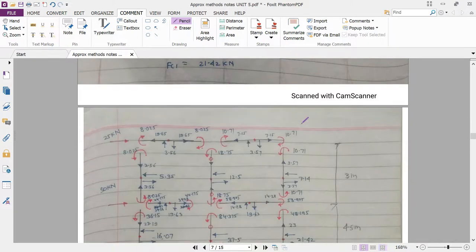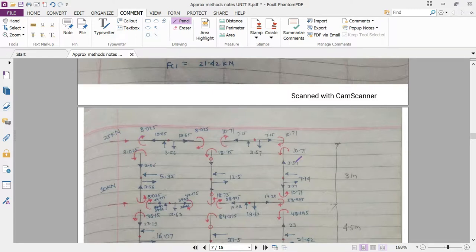Now the next step is to write down the horizontal force first. This 5.35, 12.5, 7.4, then this 5.35 divided by this 3 meter, multiplied by 1.5, then you will get the answer 8.02. Then 8.02 will be transferred to the column.